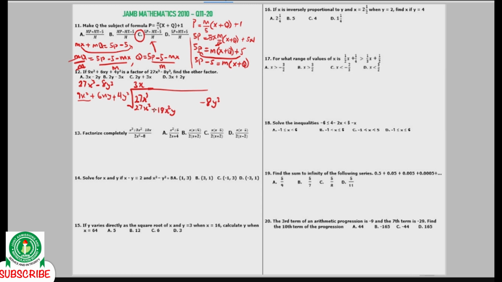Because we still have an extra term here to multiply, this one is plus 4y² now. We are going to use it to multiply 3x. Plus 4 times 3 will give you plus 12. Then y² times x is going to give you xy².